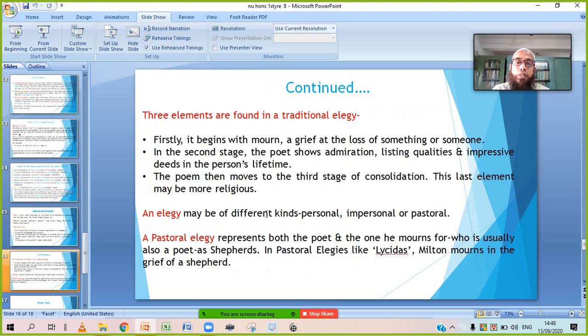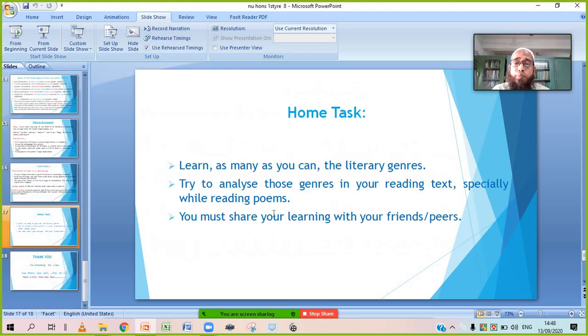Now we are at the end of the lecture today. So have your homework. Learn as many as you can, the literary genres. Try to analyze those genres in your reading text, especially while reading poems. You must share your learning with your friends and peers. One thing you should notice by this time: again and again, I am telling you to share your learning with your friends and peers.